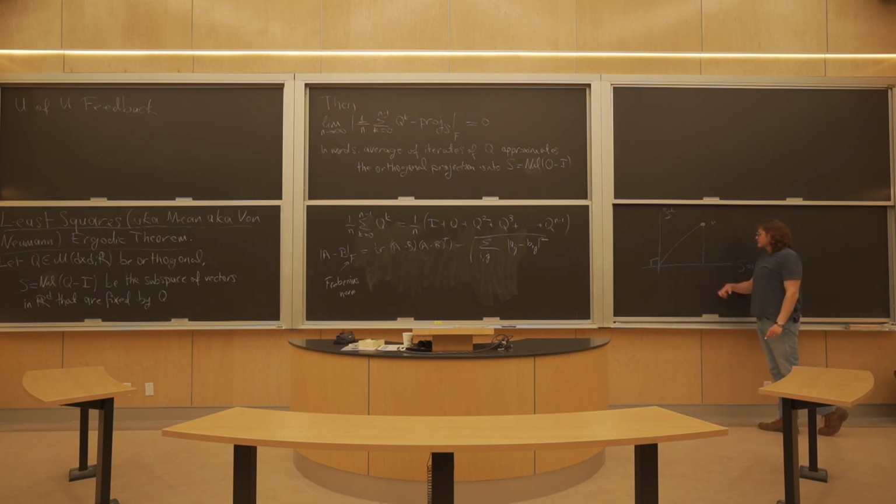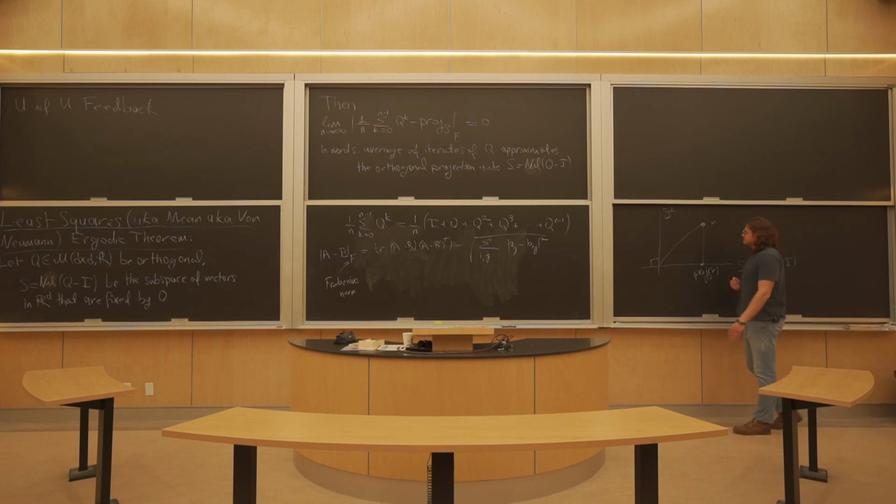If I take this orthogonal projection, I have proj sub S of V. And proj sub S is a linear transformation, of course. It's a matrix that is d by d.